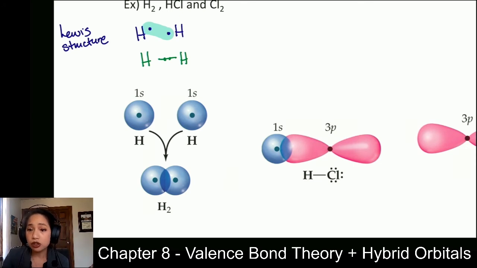That was us just using VSEPR theory and drawing out Lewis structures for electron pairs to form bonds, so we already know how to do that. What's new here is this picture, which describes what atomic orbitals are involved in this bonding scenario. With the Lewis dot structures I've drawn for hydrogen, I've shown these electrons as discrete particles that will be joined together to form that bond.